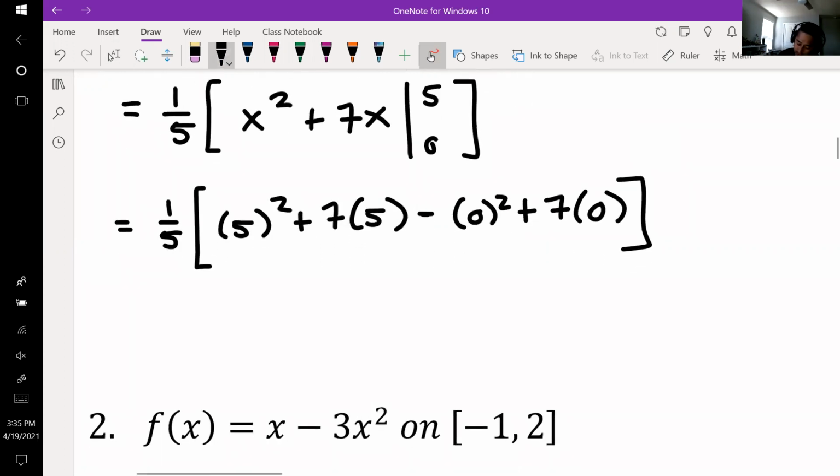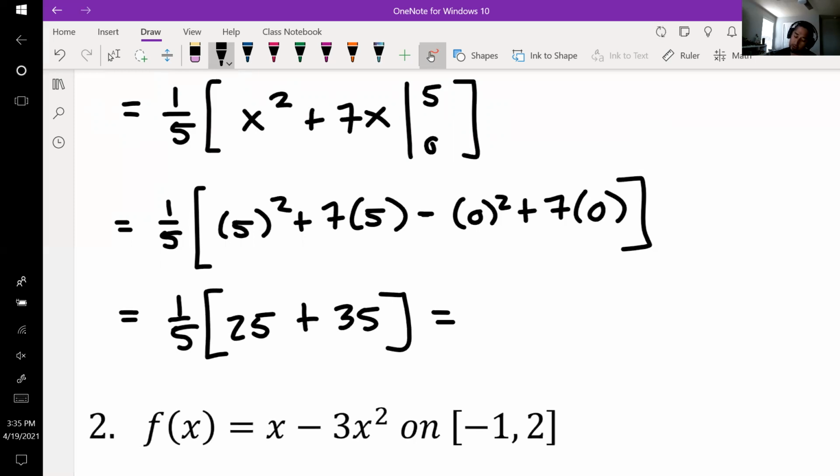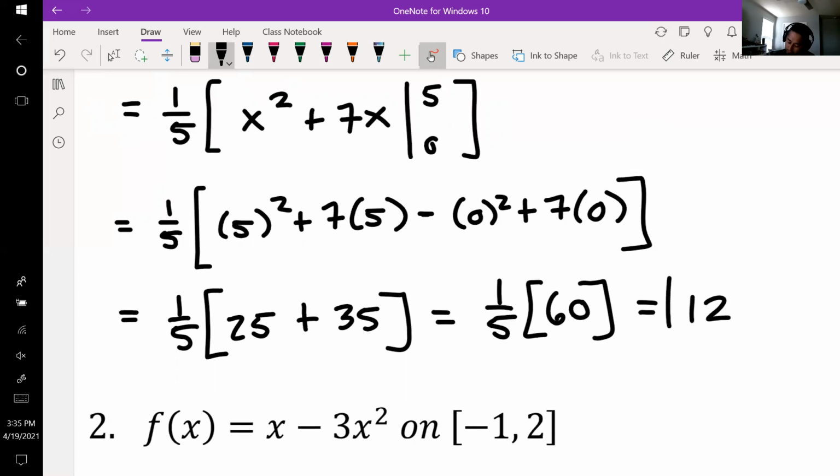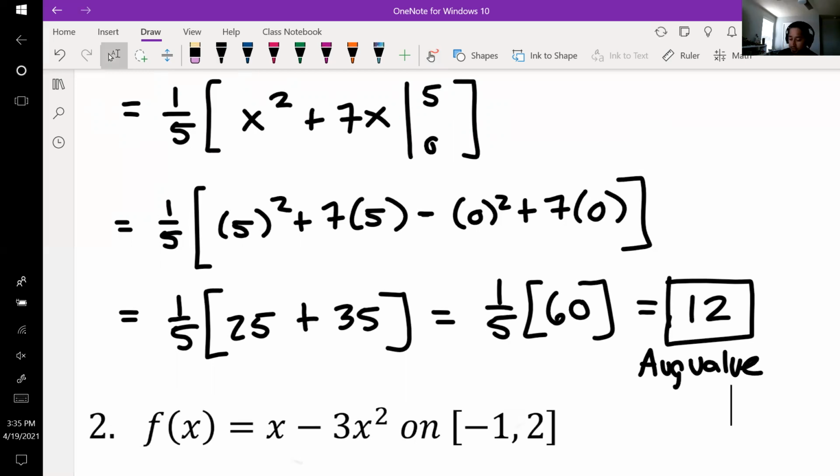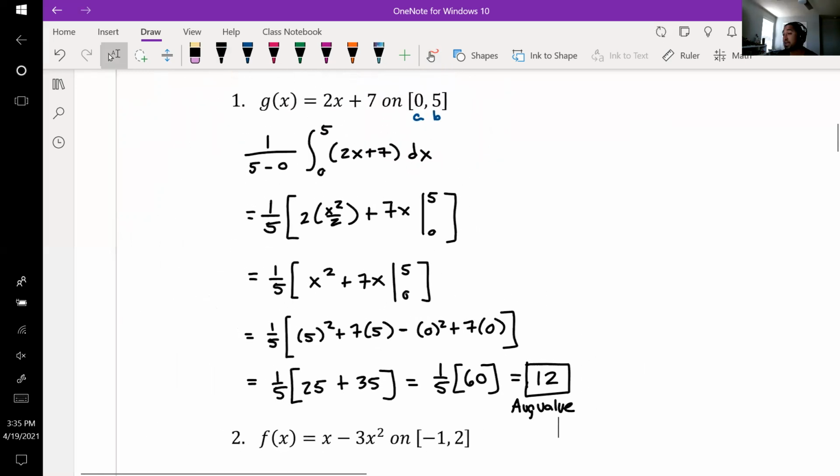And then almost there, we get 1/5 times 25 plus 35, which will give me 1/5 times, I think that's 60, right? So we're going to get 12. So this is the average value of this function on the interval 0 to 5.